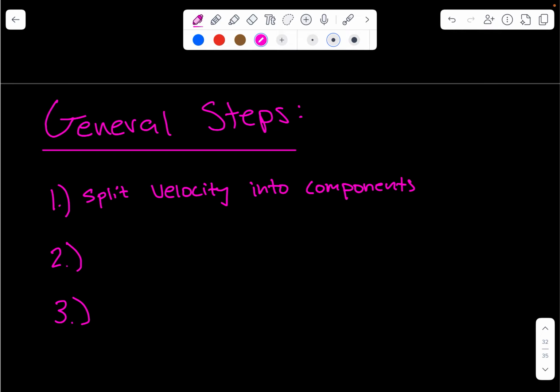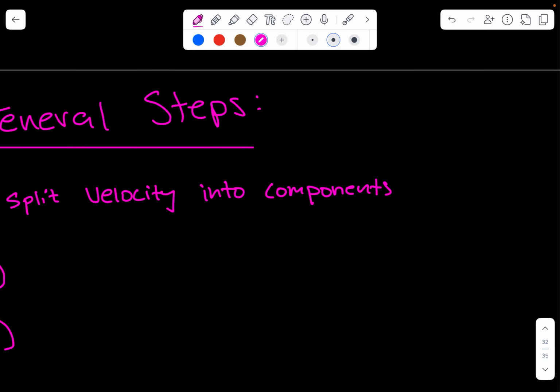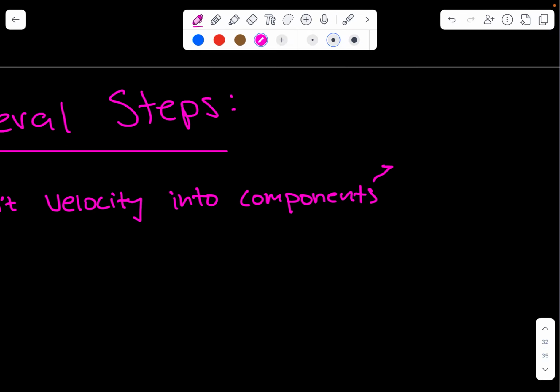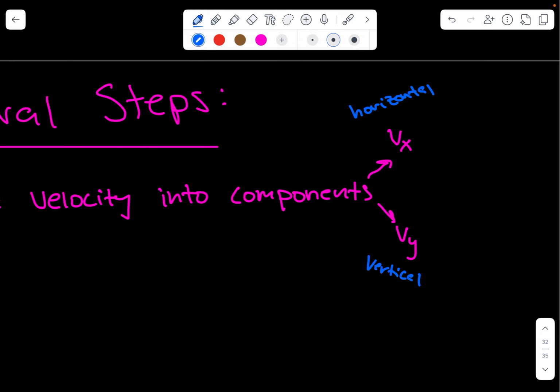And what that means is we're going to split it into Vx and Vy. So this is our horizontal velocity, and this is our vertical velocity.